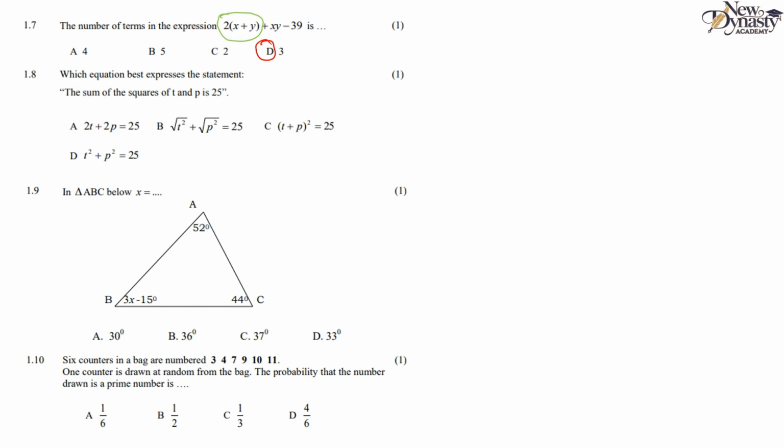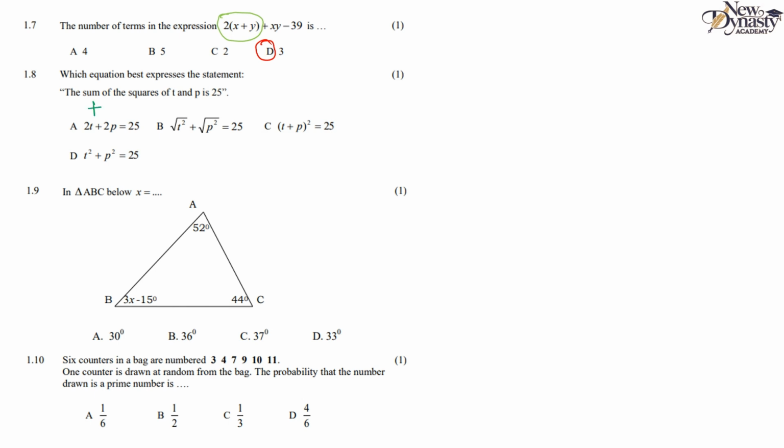Then the next question: what equation best expresses the statement "the sum of the squares of t and p is 25"? Now grade 8, it says the sum, then it means there must be addition. So there must be addition of the squares.